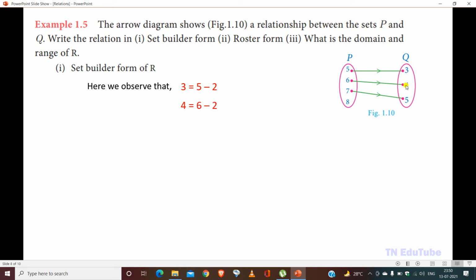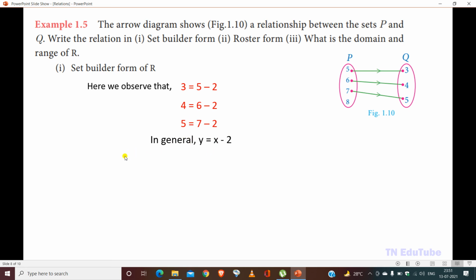Also, from 6, when you subtract 2, 6 minus 2 is 4. 7 minus 2 is 5. So, generally, we can write it as y equal to x minus 2. The element in Q is y and here it is x. We can assume like this. So, how is the y element generated? x minus 2.